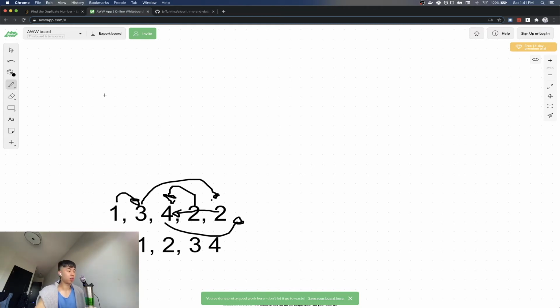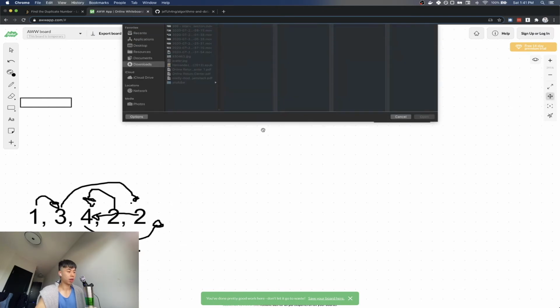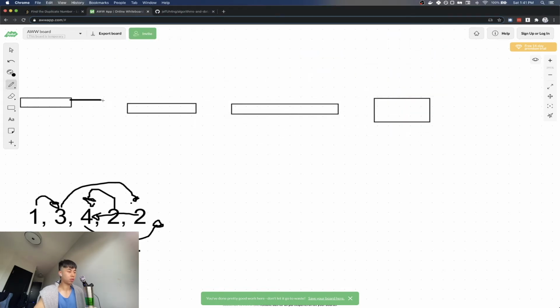Because if I draw a linked list, what I think happens is, let's see. Basically my intuition right now is that there might be some sort of cycle created with the values mapping to indices.